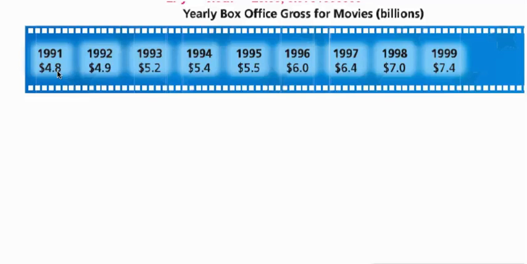So again, as time increased from 1991 to 1992, so did the dollar value increase. So we're looking at a positive correlation because our X and our Y are working together.